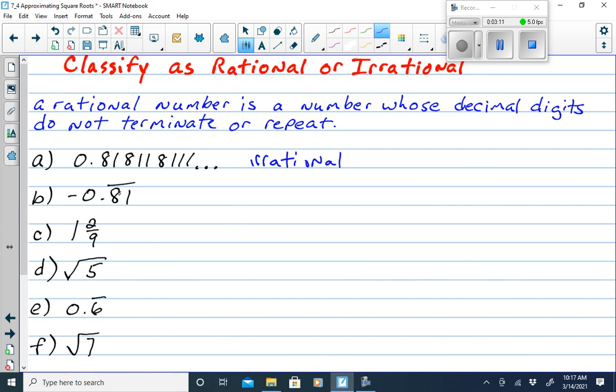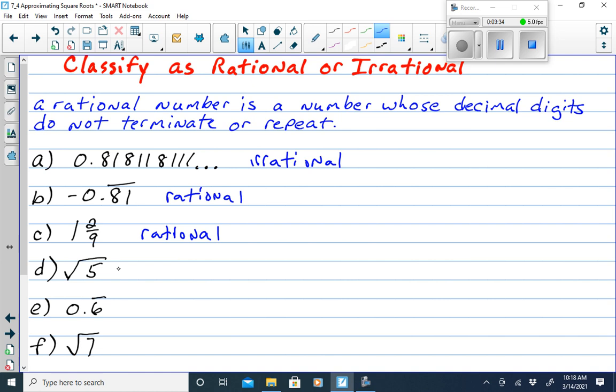This next example, we see that we have a repeating decimal, and any decimal that repeats is going to be rational. 1 2/9 can be written as a fraction of two integers, so that is another rational number, any number that can be written as a fraction of two integers.